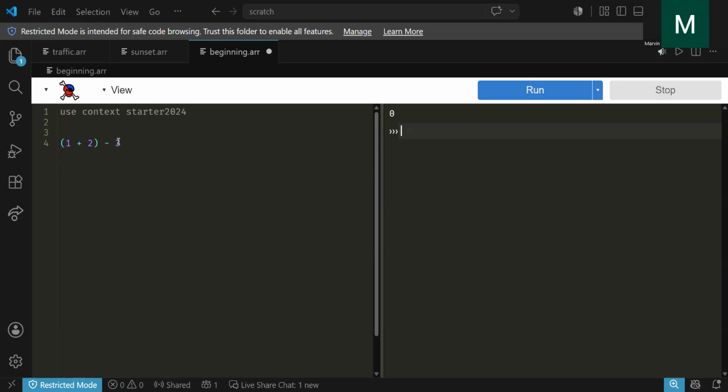Some programming languages make you memorize it, and that's very painful. This language is designed for beginners. They don't want you to feel a lot of pain. So you don't have to memorize anything, but you must be specific. Like here, you have to add parentheses around 1 plus 2. So this is the idea of order of operations.